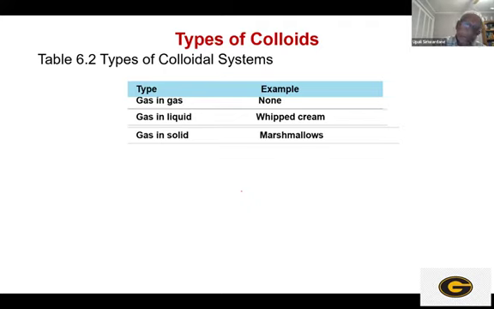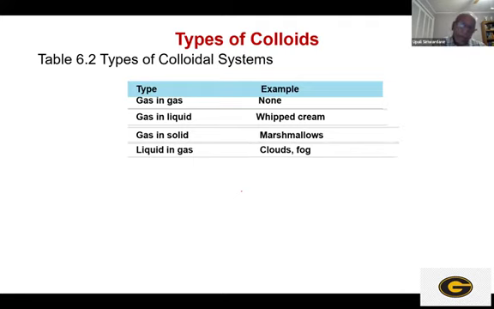Gas in a solid. Example is marshmallows. It's not liquidy. It's a solid. Whipped cream is liquidy. So when you dissolve gas in a solid, it becomes a marshmallow type.